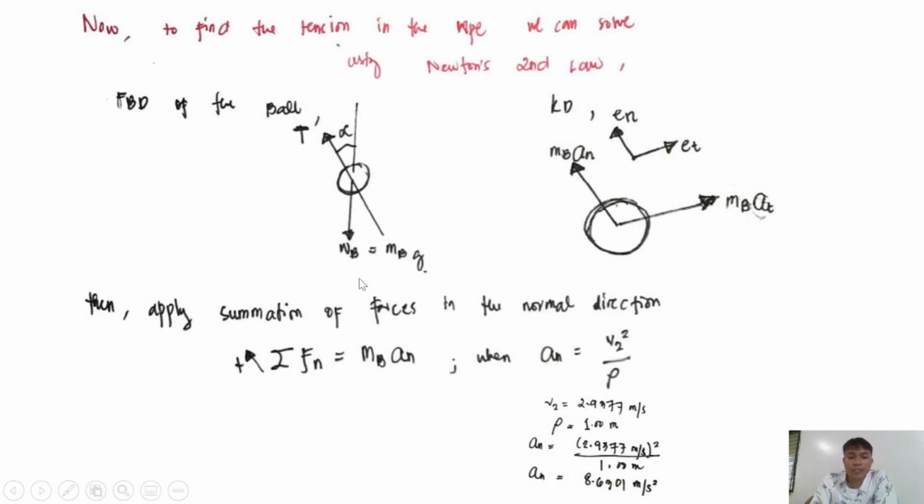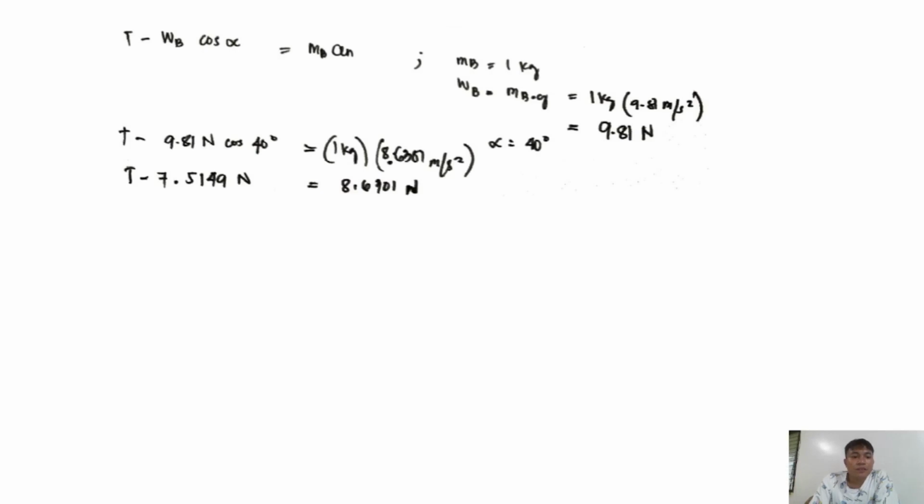So we have T minus WB cos 40. MB is 1 kilogram, WB is the mass of our sphere times gravity, 9.81, which is just equal to 9.81 Newton, and alpha is equal to 40 degrees. So T minus 9.81 Newton cos 40 degrees is equal to 1 kilogram times 8.6301 meter per second squared.